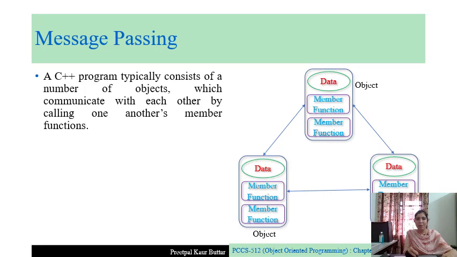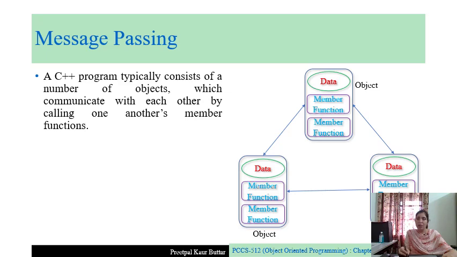A C++ program typically consists of a number of objects which communicate with each other by calling each other's member functions. Here in this example we have 3 objects. Each object has its data, and each object has its member functions.